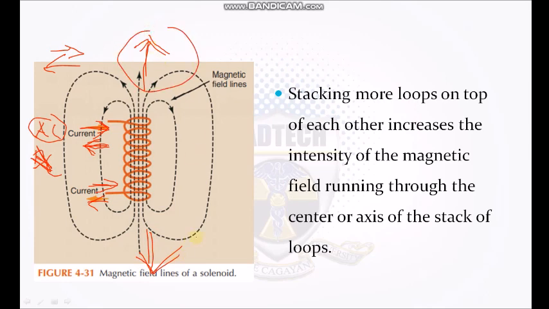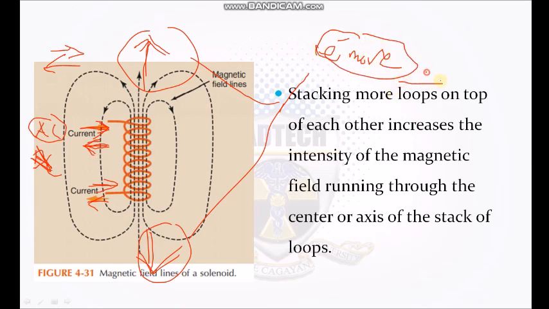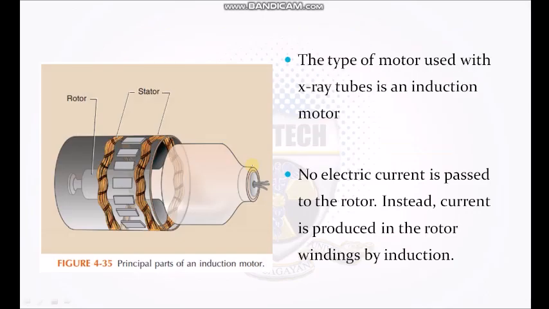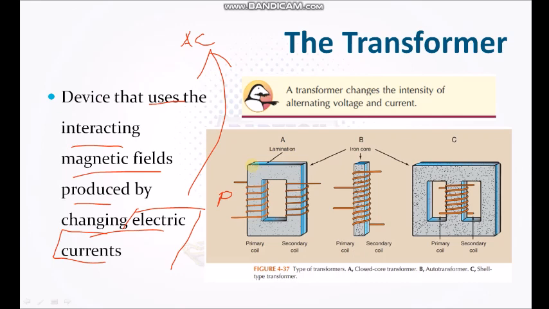Because of this changing magnetic field, according to Faraday, a changing magnetic field allows electrons to move. And movement of electrons is simply defined as electricity. So that's why a changing magnetic field creates electricity through the movement of the electric charges, the electrons. Again, you have the primary side and the secondary side, the primary coil and secondary coil.